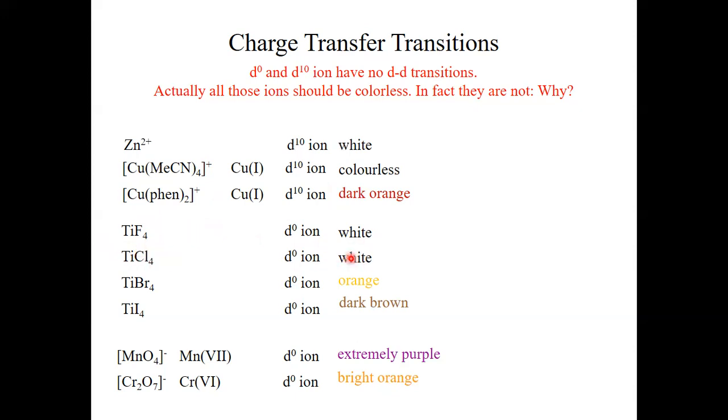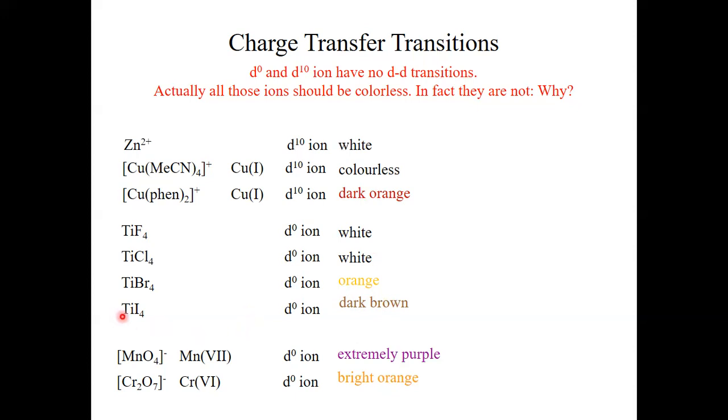We also have a colorless substance, but for titanium tetrabromide, we have an orange color, despite the d0 ion. And for titanium tetraiodide, we also have a d0 ion, which is colorful. In this case, our substance has a dark brown color. Again, we cannot explain this by assuming dd electron transitions because we don't have any d electrons.